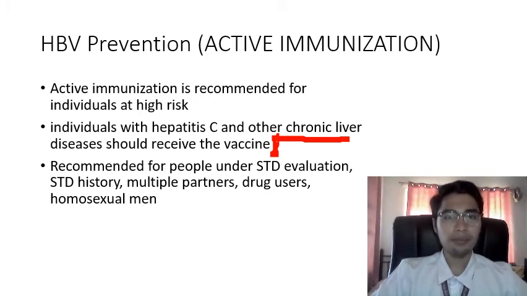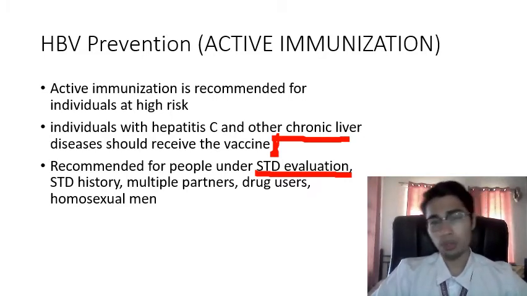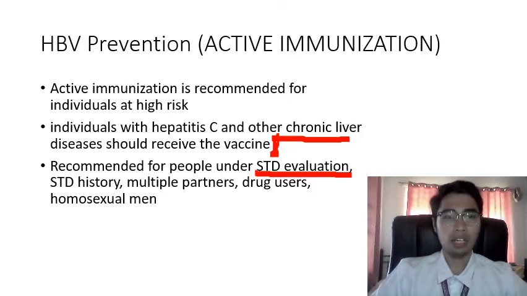Again, active immunization is recommended for people under STD evaluation. So if a patient is being evaluated for sexually transmitted disease or has a sexually transmitted disease history, multiple sex partners, or is a homosexual man, it is highly recommended because they are at very high risk.